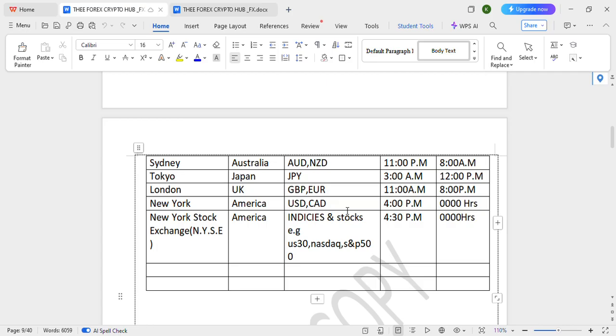Moving forward, we go to the second session, which is the Tokyo session. For Tokyo, you can see the country there is Japan. The currency is the Japanese yen pairs. So any pair with the Japanese yen, you can best trade it during this Tokyo session.